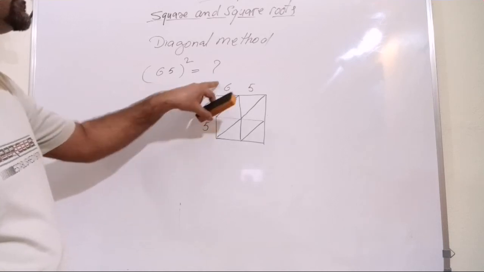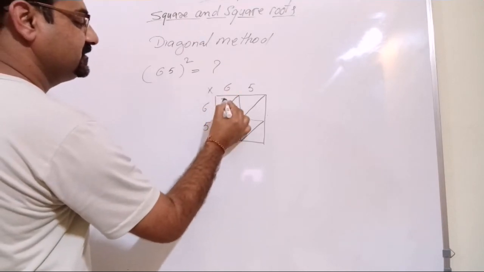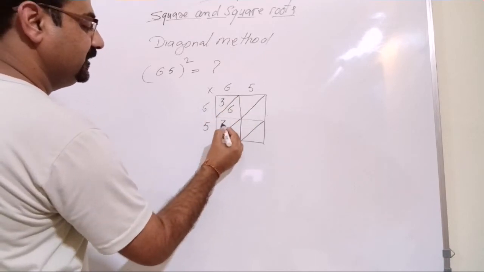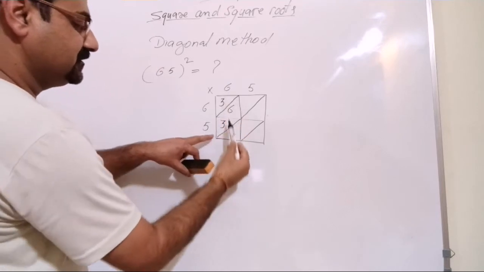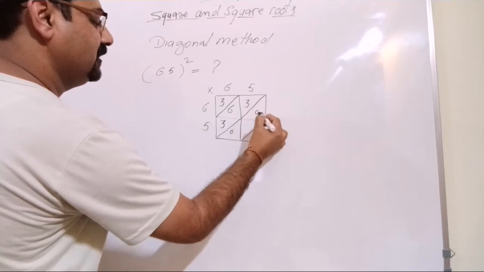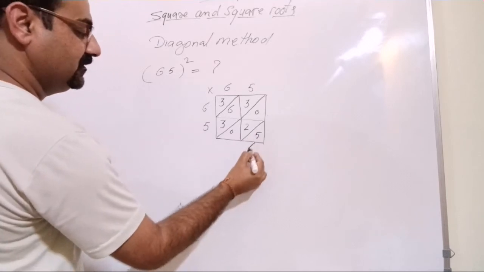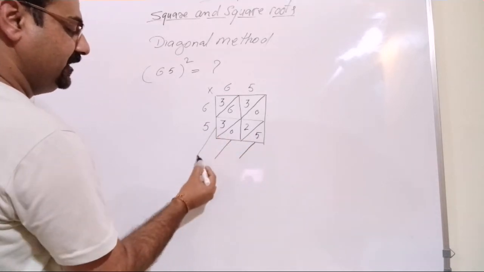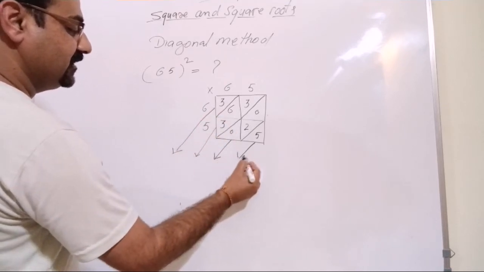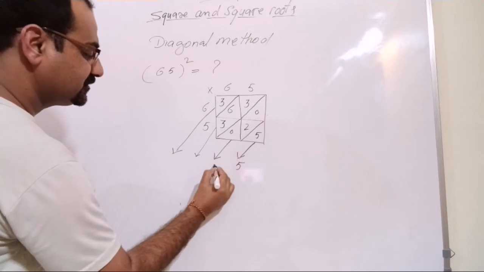So 65 into 65: 6 into 6 is 36, 5 into 6 is 30, 6 into 5 is 30, and 5 into 5 is 25. Now again we write the values after addition in front of the arrows. First we have 5 only, second 0, 2 and 0, which is 2.